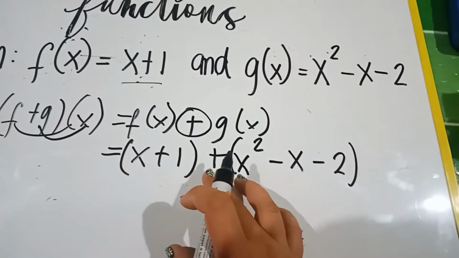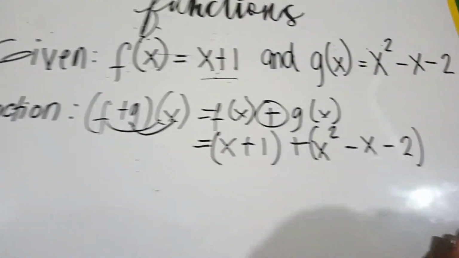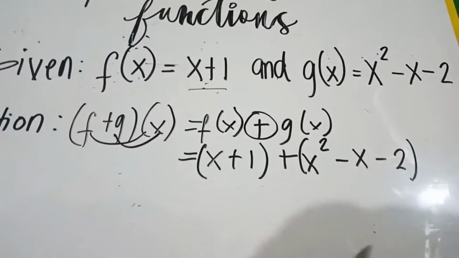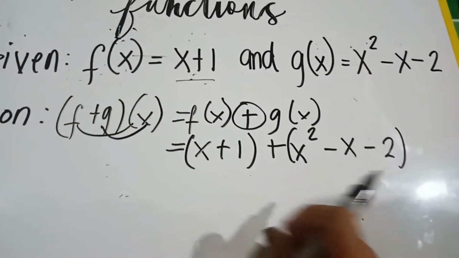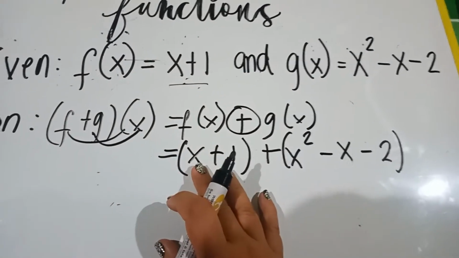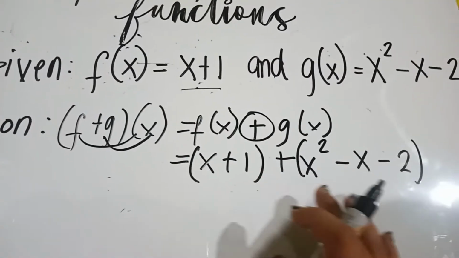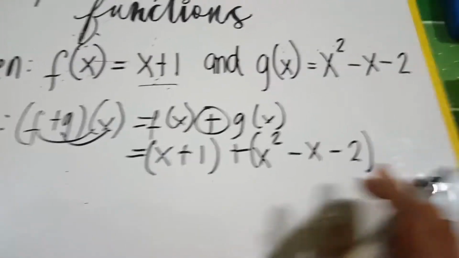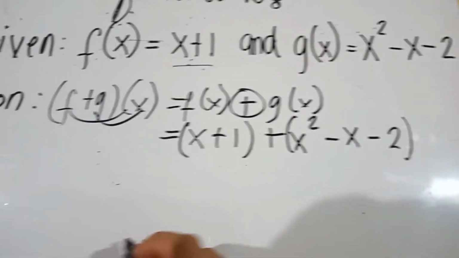The operation is addition. In solving the sum function, mas maganda na naka-vertical siya para ma-align natin kung ano ba yung mga like terms. Okay lang na magkabali-baliktad kasi nga we do have the commutative property of addition. Changing the order of the addends does not affect the sum. So, pwede nating ilagay sa taas to kasi mas marami yung given.